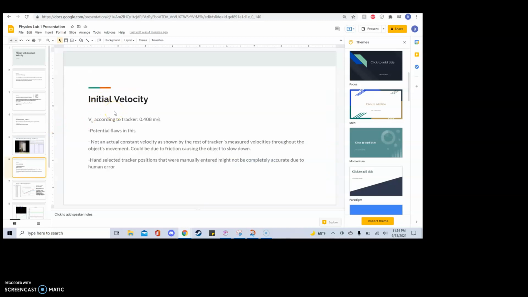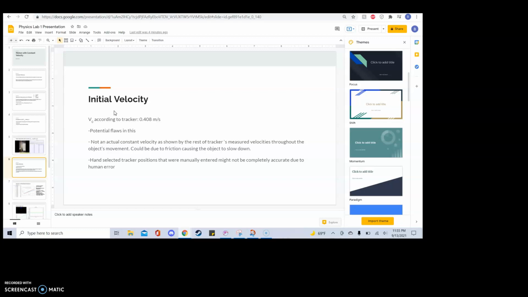The initial velocity could be flawed in that it's not actually the constant velocity, as shown by the rest of Tracker's measured velocities throughout the object's movement. At the stage before, this could be due to friction causing the object to slow down, and that wasn't actually accounted for in the experiment.